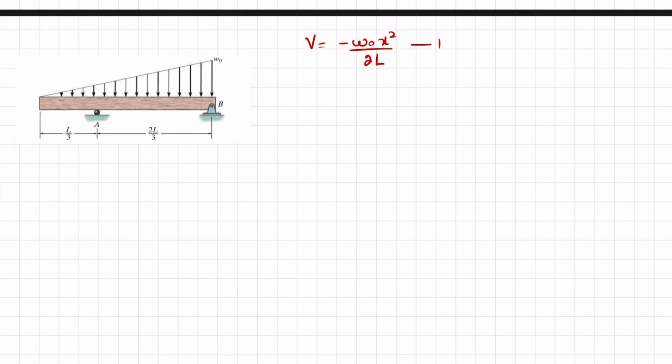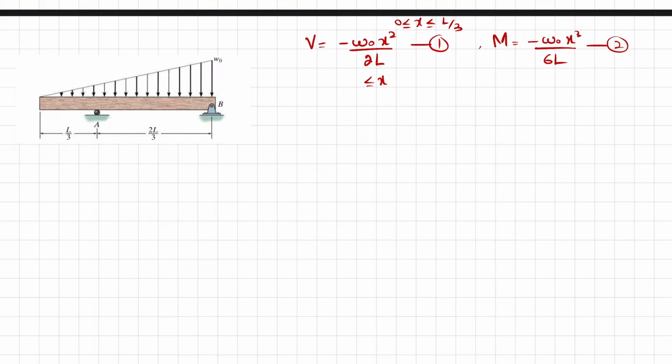This was your equation number 1. Equation 2 was moment is equal to minus W naught x cube over 6L. This was your equation number 2, and they are valid for x greater than or equal to 0 and less than or equal to L by 3.